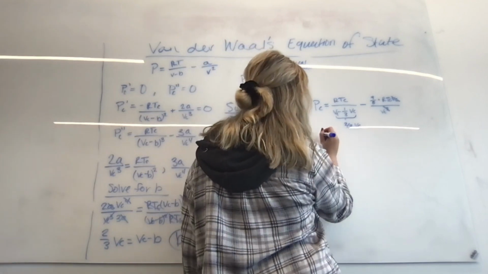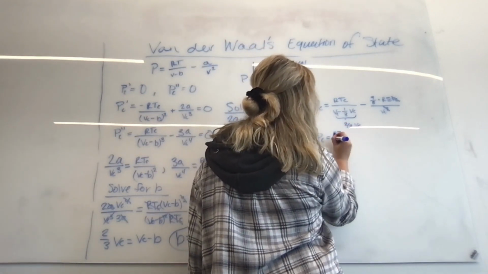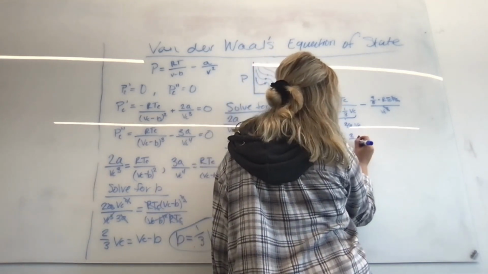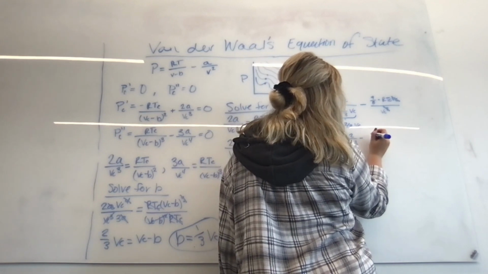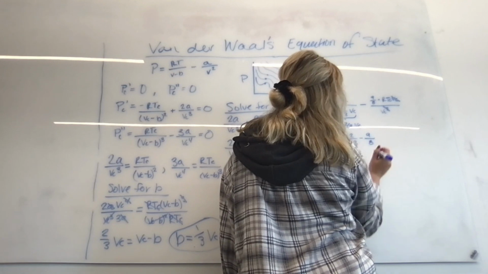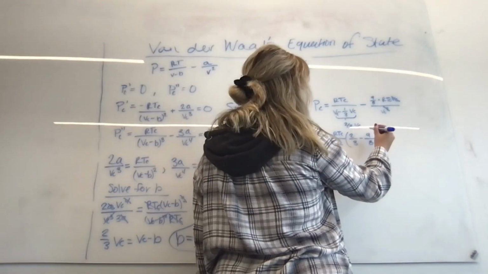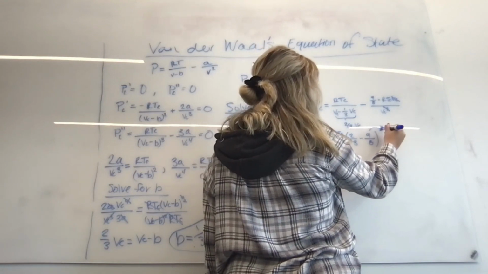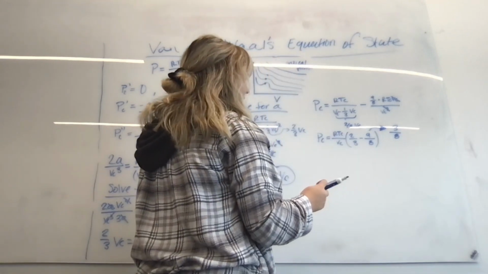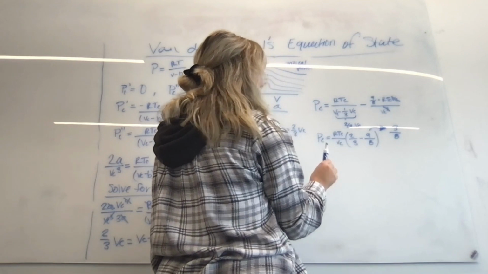So we can factor that out and say our critical pressure is equal to R times our critical temperature over our critical volume times 2/3 minus 9/8. So as we can see here, this will end up equaling 3/8.